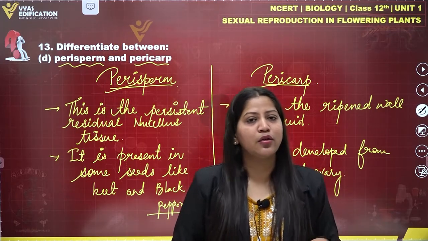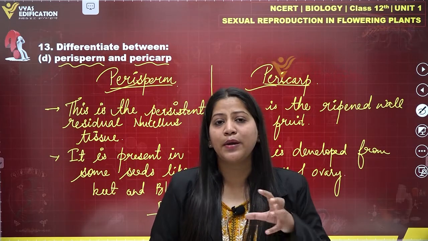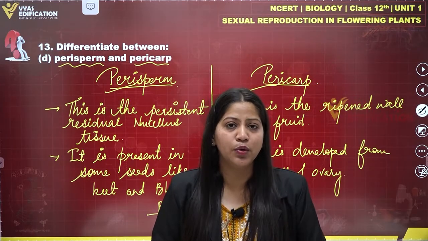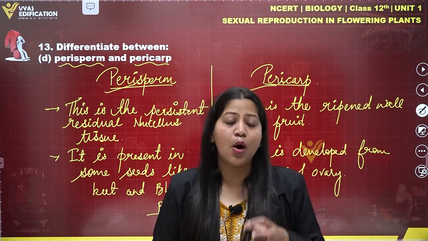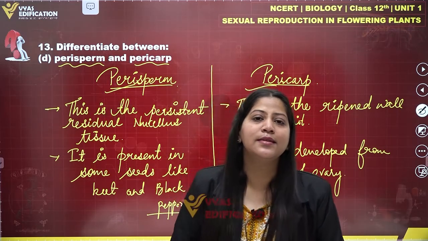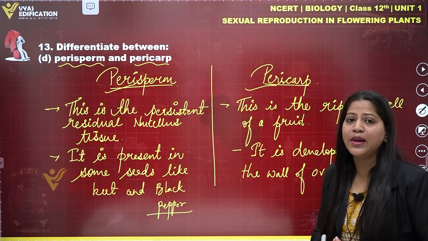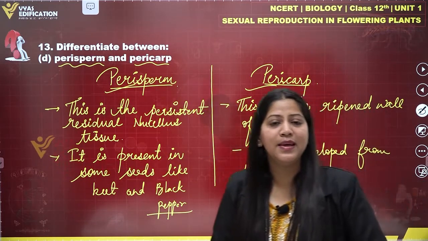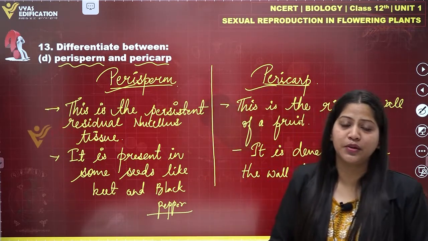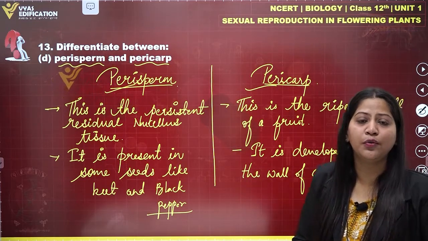Similarly, the ovary has a wall. After fertilization, when the ovary converts into fruit, the wall of the ovary also converts into the wall of the fruit, which is known as pericarp. So this is all about question number 13, and we have completed all the parts A, B, C and D. With this, we have completed the solution of question number 13.